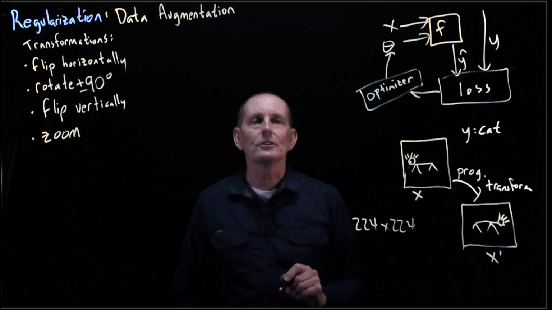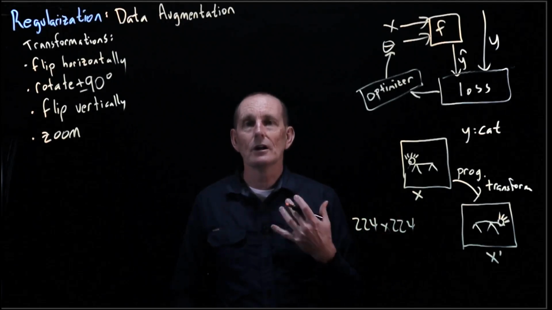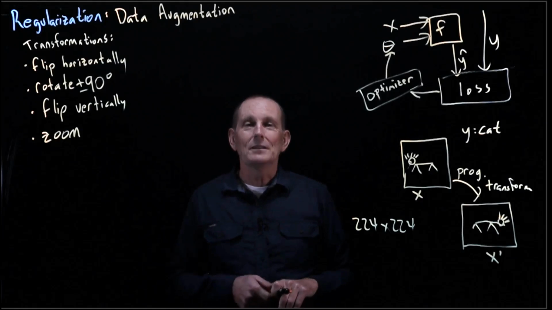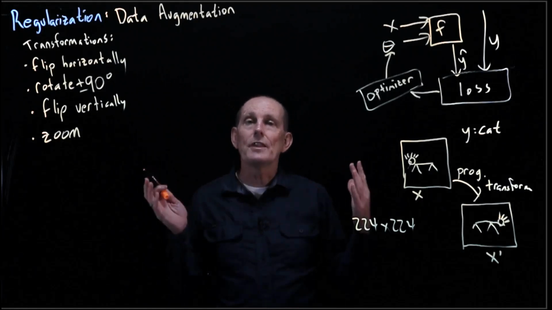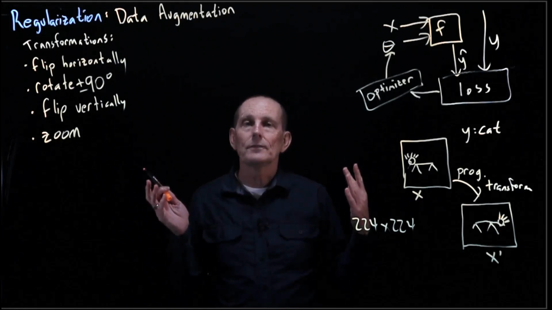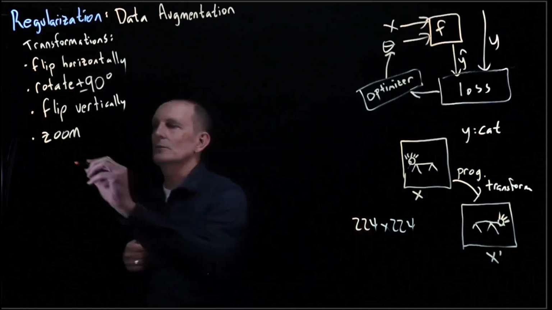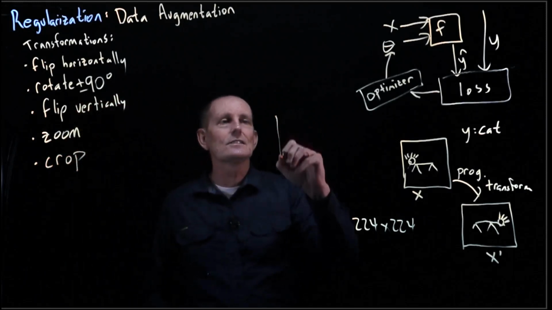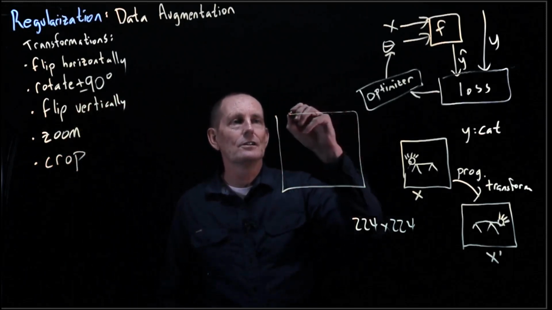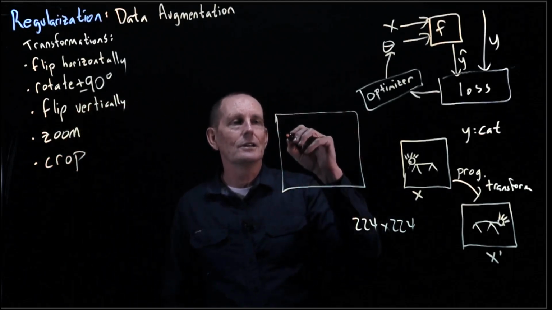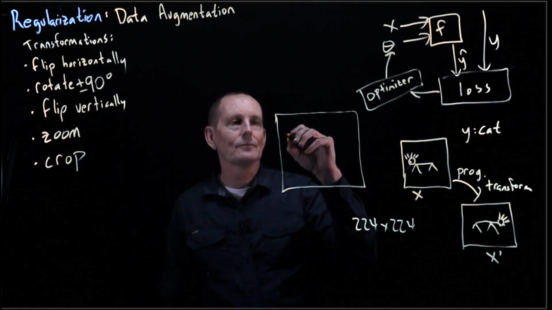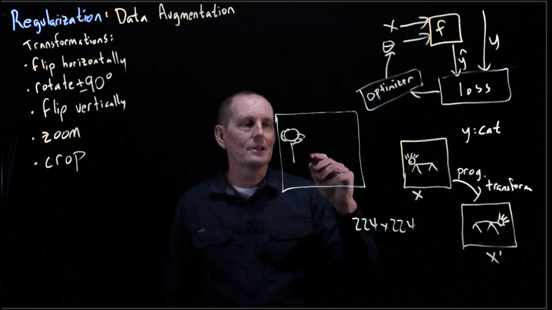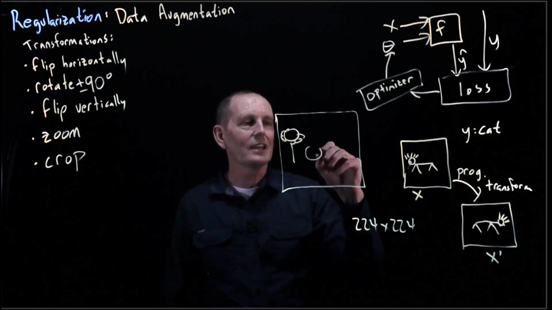That's what you feed into your neural network, a 224 by 224 RGB, red, green, and blue image. But your original image may be larger than that. So what that could allow us to do, let's forget zooming for a second and just cropping. If this is our big picture here, we've got, I don't know, a tree, I'm really not an artist, with a cat in it.